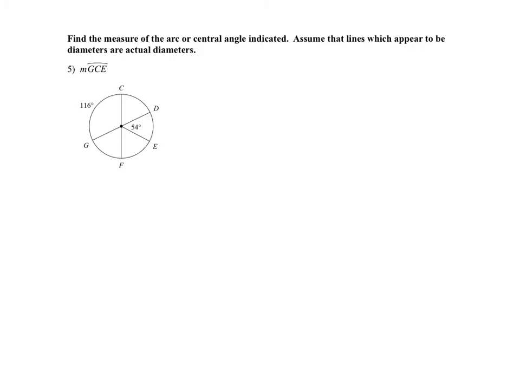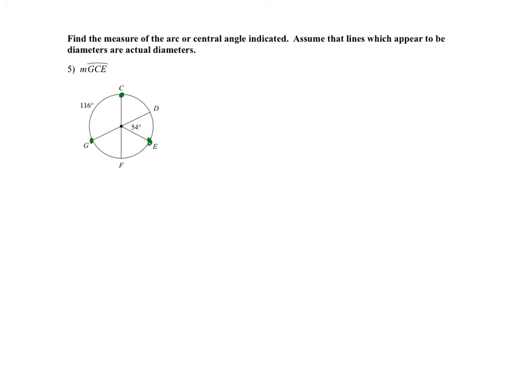Find the measure of the arc of the central angle indicated. Assume that lines which appear to be diameters are actually diameters. So I want to find arc GCE. I want to find the measure of this arc right here.